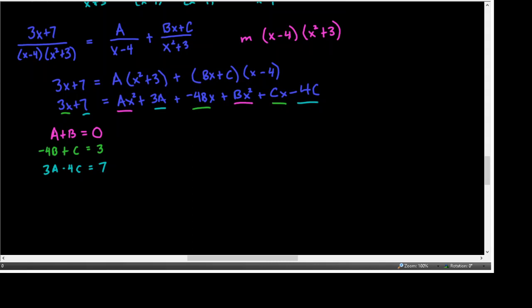So what if I were to solve the first equation for b, and then substitute that answer into the next equation down for each b? I'm going to put the negative a in its place. This is called substitution. And that would simplify to be positive 4a plus c equals 3.